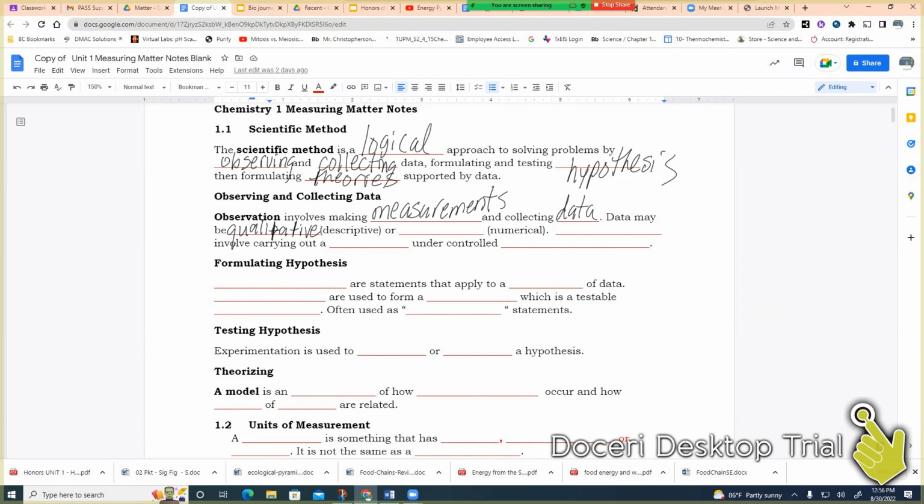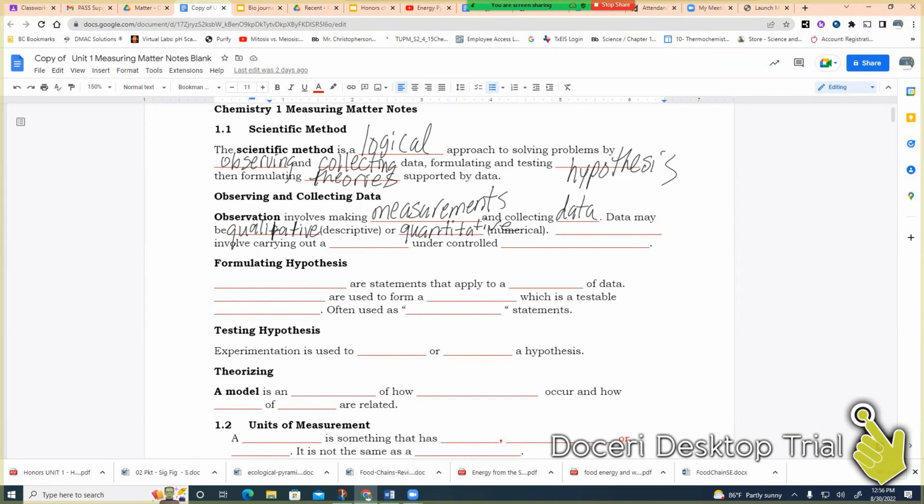So like something's soft, something's blue. The data that we can understand a little bit better and is a little bit more representative is the quantitative, Q-U-A-N-T-I-T-A-T-I-V-E. And so that would be your numerical data. So the measurements that you would be doing.